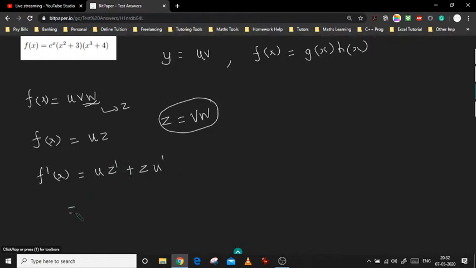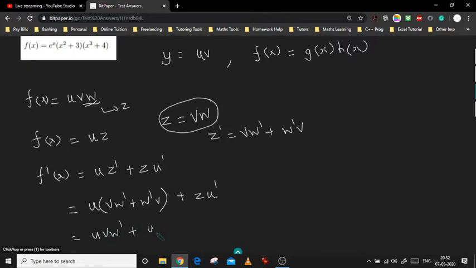Upon substitution we will get u times z dash, and z dash is again the product rule for v w, so it's going to be v w dash plus w v dash, multiplied by u, plus z times u dash.